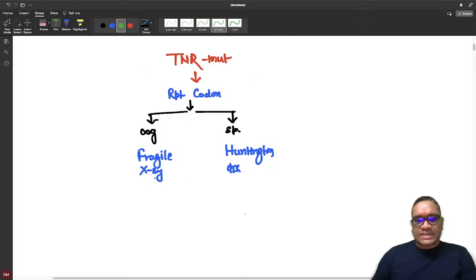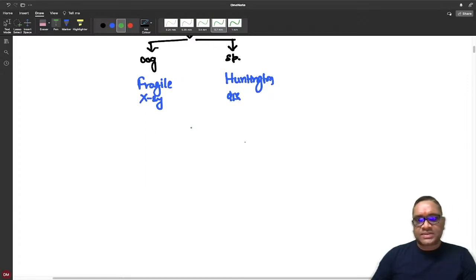I will just take the example of Huntington's disease. Suppose we talk about a father who is suffering from Huntington disease, and assume that he has 300 repeats, and he got this disorder by the age of 35 years.